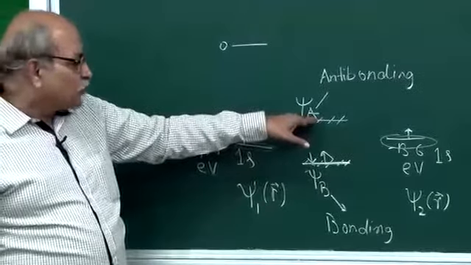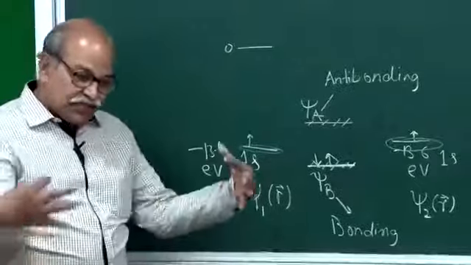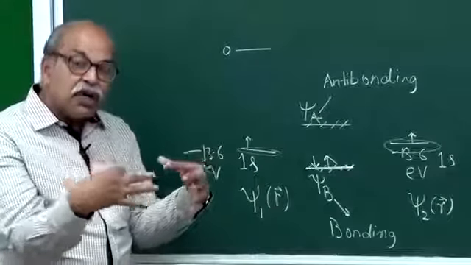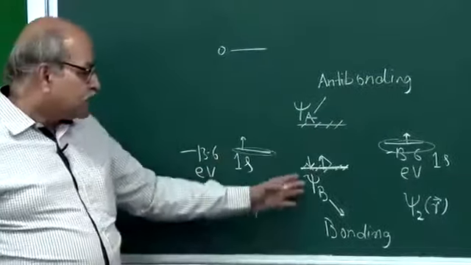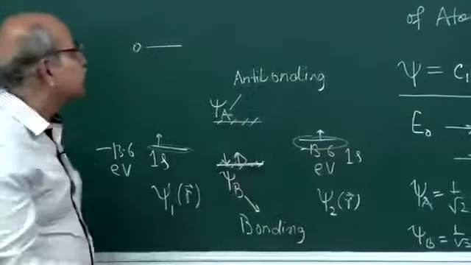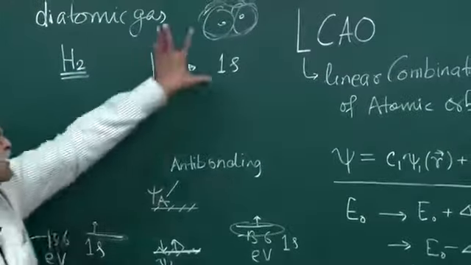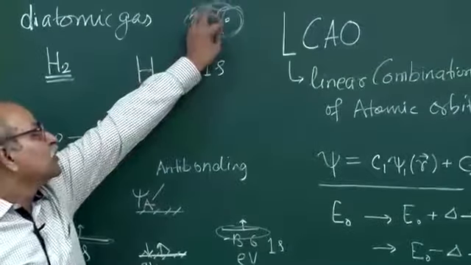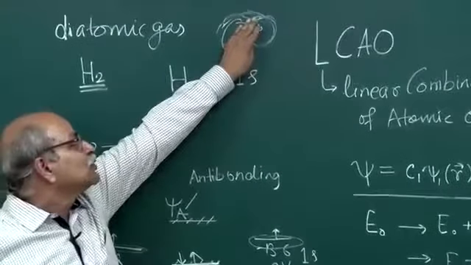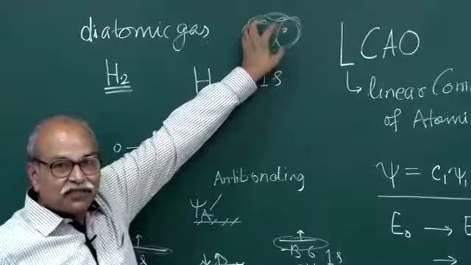This is called bonding, because these are the electrons which keep this molecule bound. The wave function is symmetric, and there is some kind of overlap here. So you have electrons which are closer to these nuclei, and it's a bonded molecule.